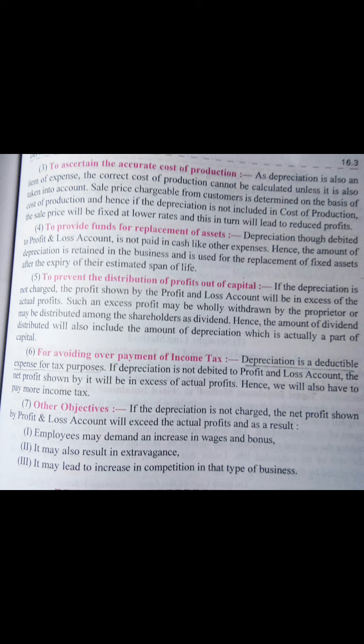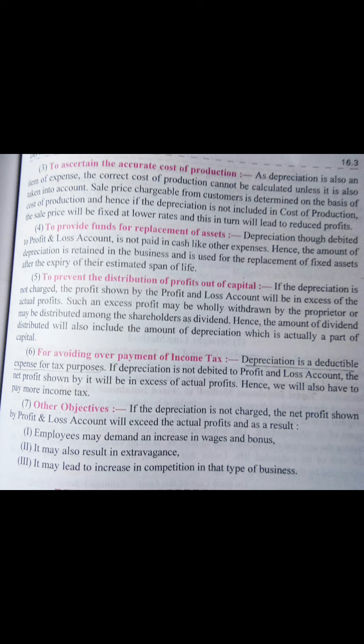Next is to prevent the distribution of profit out of capital. If the depreciation is not charged, then the net profit which we achieve at the end of the PL account would be an excess profit than the actual one. That means it represents more profit than the actual profit.